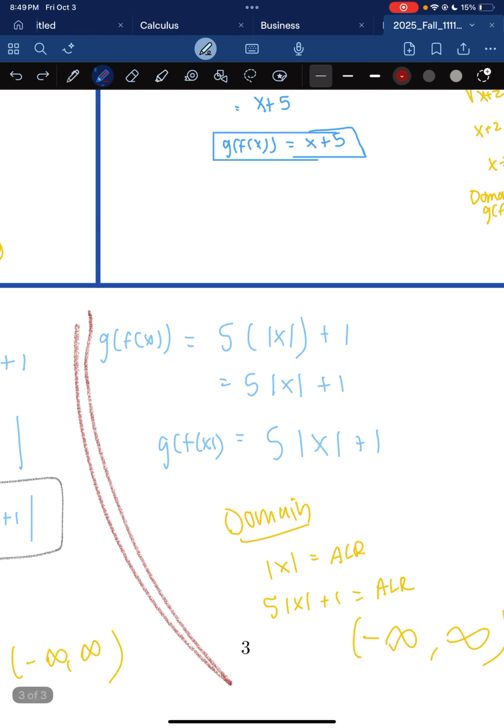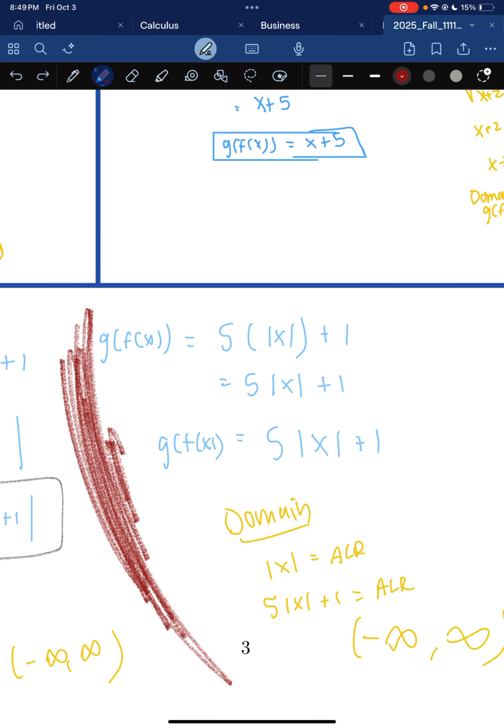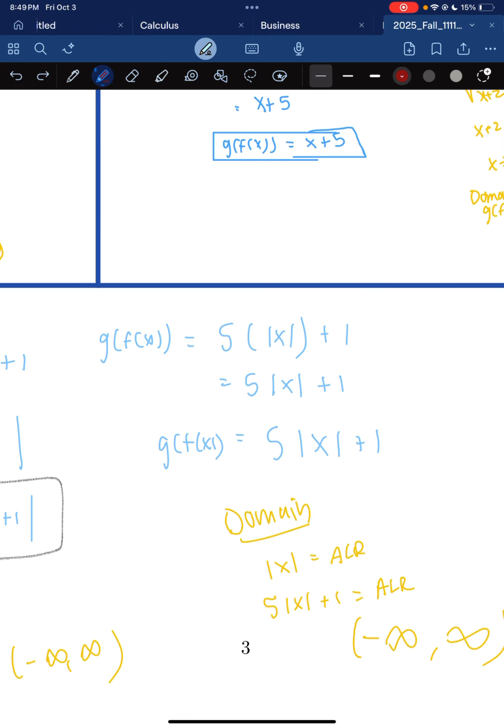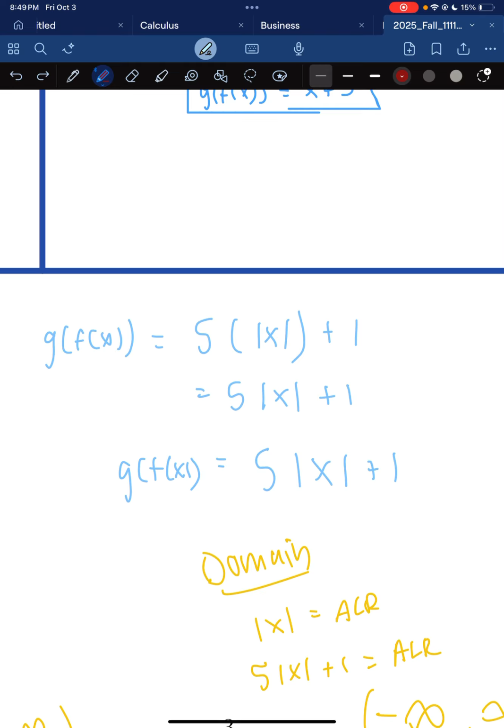And then same thing for g of f of x. Plug that in, and we get that, which equals that. This is a plus, by the way. So we have g of f of x equals 5 absolute value of x plus 1.